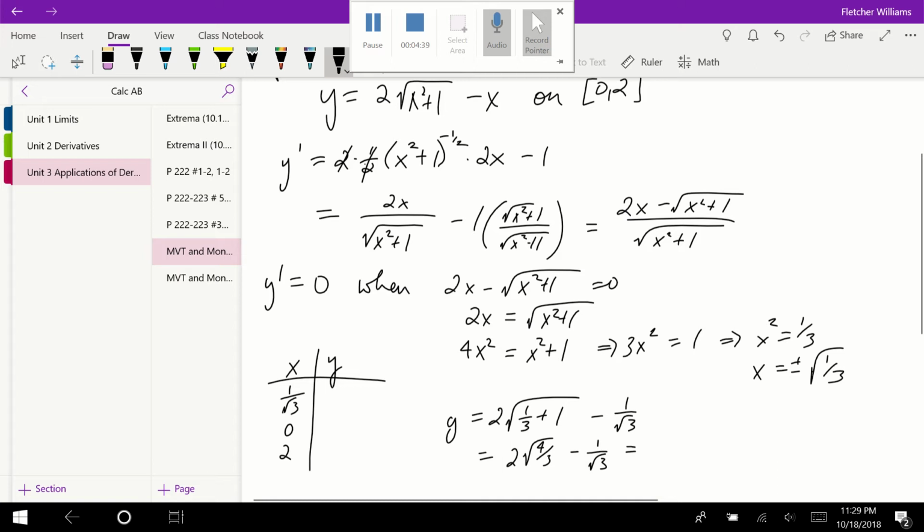So that first radical will simply, the 4 will come out to a 2, so you get 4. So square root of 4 is 2 times 2 is 4 over root 3 minus 1 over root 3, which is just 3 over root 3. And when you rationalize it, you end up getting just root 3.